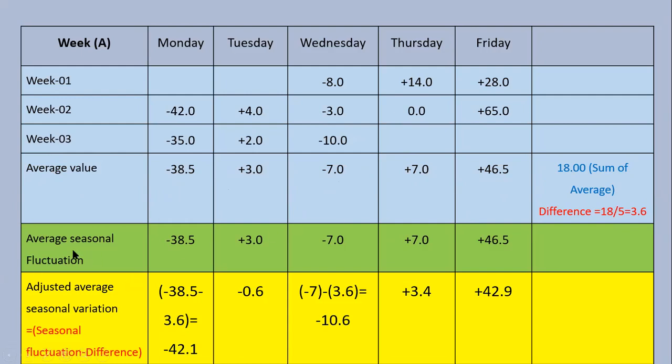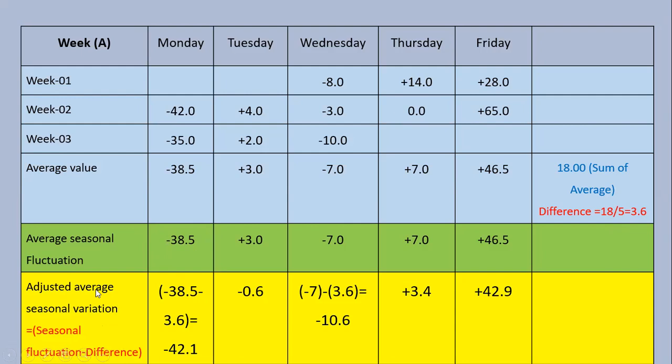Then average seasonal fluctuation is there, and to get the adjusted average seasonal variation, it is seasonal fluctuation minus difference. So we take this value, minus 38.5, and reduce it by 3.6.